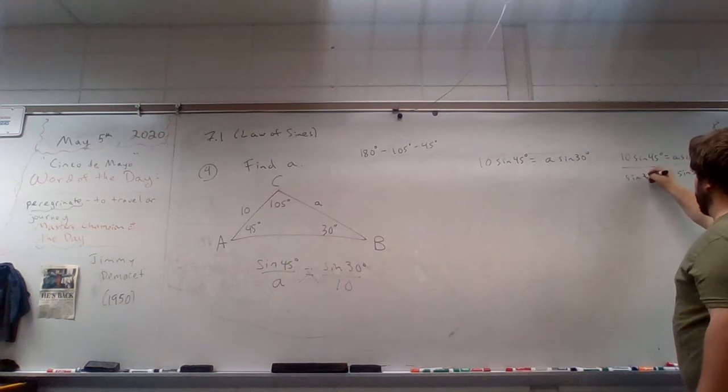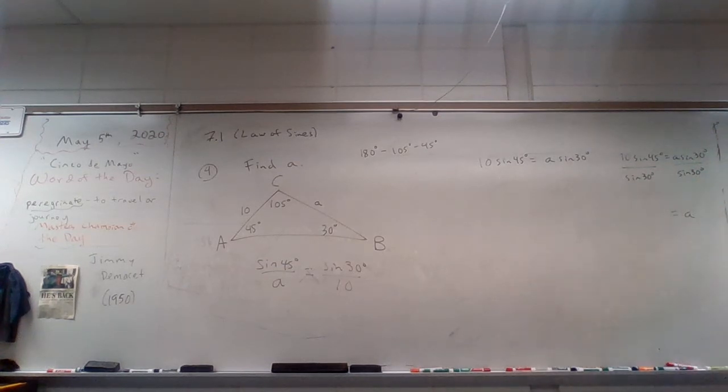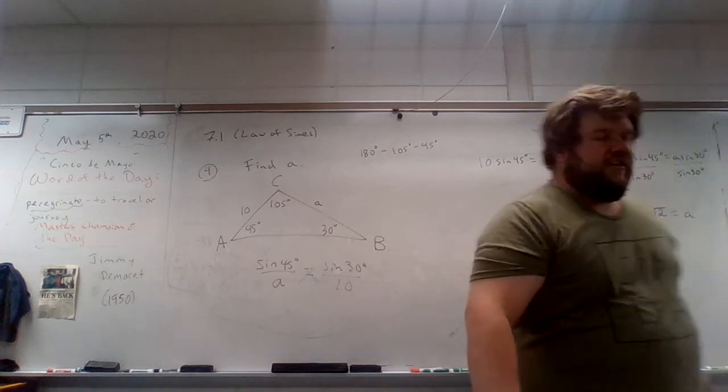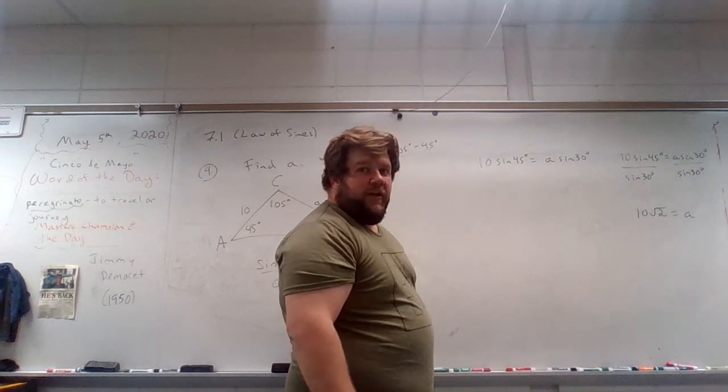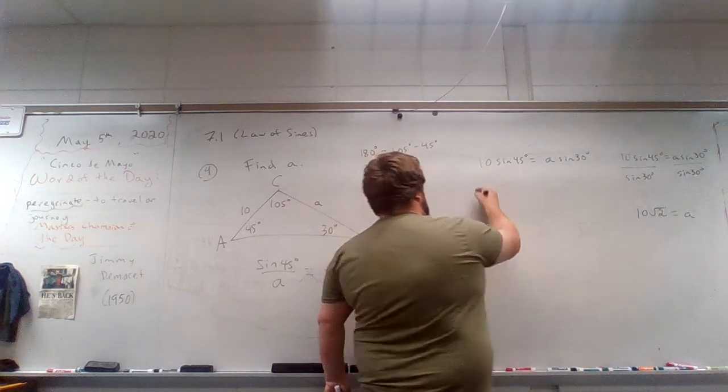You would pop that in a calculator, and I believe that would get you 10 root 2, but I'm going to verify that over here. So right here, I could plug in what I know. What's the sine of 45 degrees? Well, that's root 2 over 2, right?